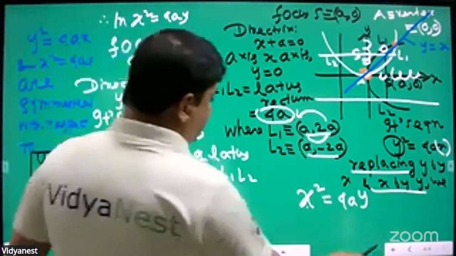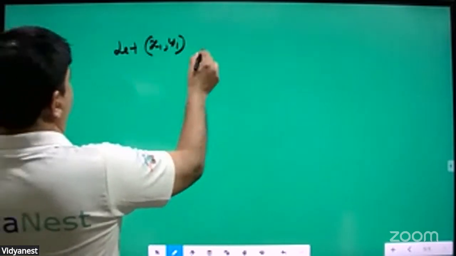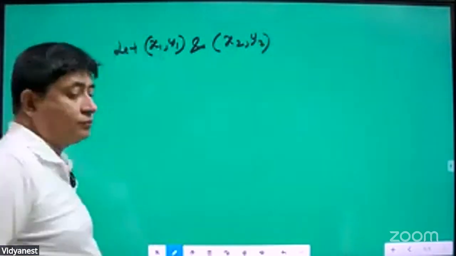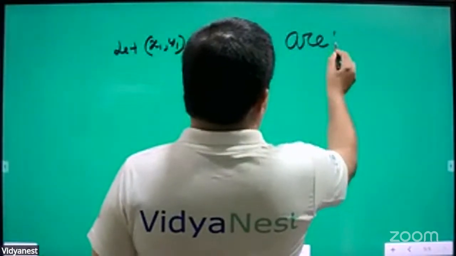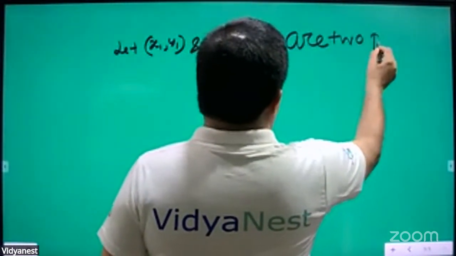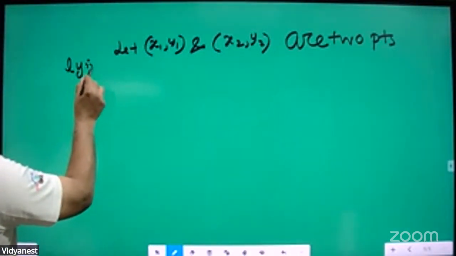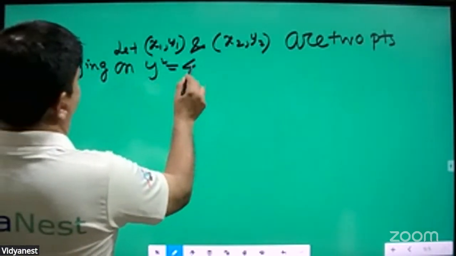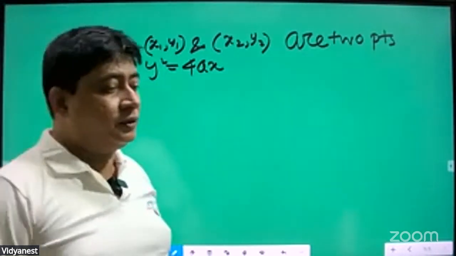Now, one sum let us do from this part. x1 y1 and x2 y2 are two points lying on y square is equal to 4x. Okay, got it?